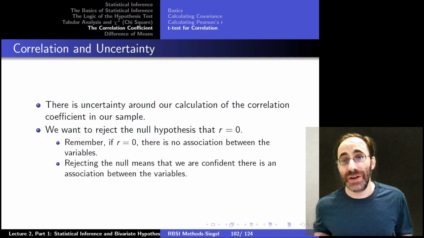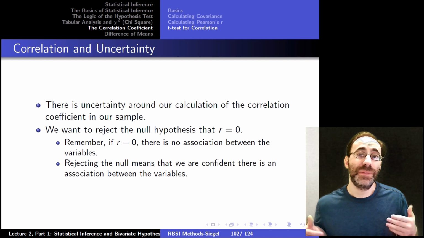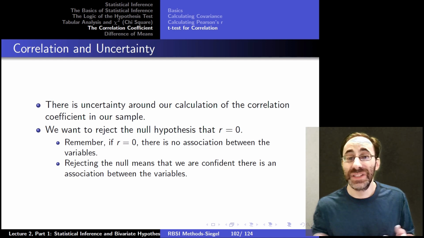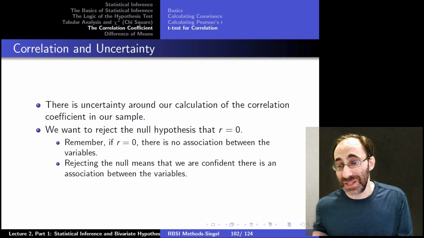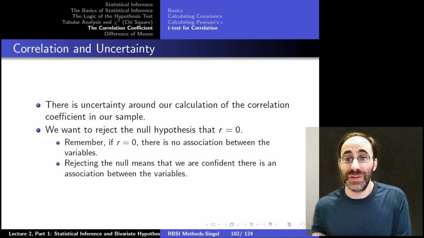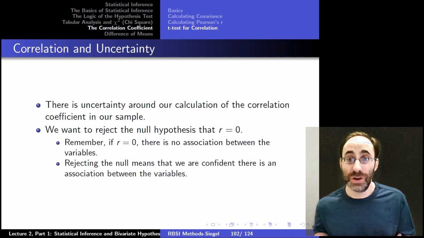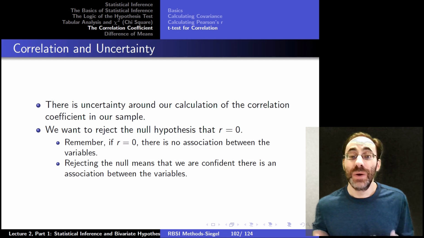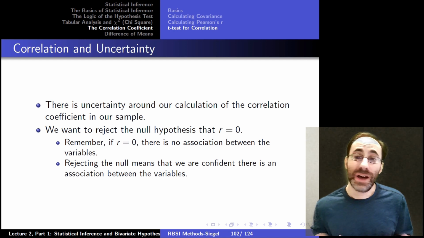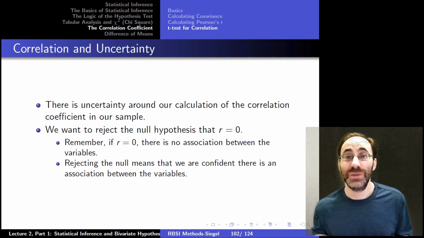So we're going to have to figure out a way to test for statistical significance of a correlation coefficient, to see if we can reject the null hypothesis, that the thing we calculated was statistically significantly different from 0. r equals 0 means there's no association between x and y, which is our null hypothesis. If we can reject that null, we are confident there's an association between the two variables.